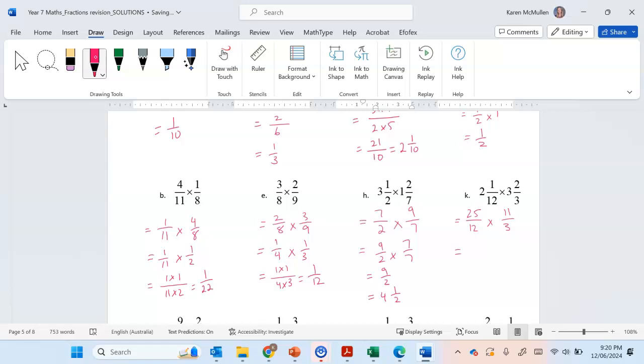So I just want to make sure that I've done that correctly. I am going to have to do 25 times 11. Now I know that 25 times 10 is 250, so basically I'm doing 250 plus 11. Just using some mental strategies there. And 12 times 3 is 36. So we end up with 261 over 36, and this might be a little bit tricky to do.